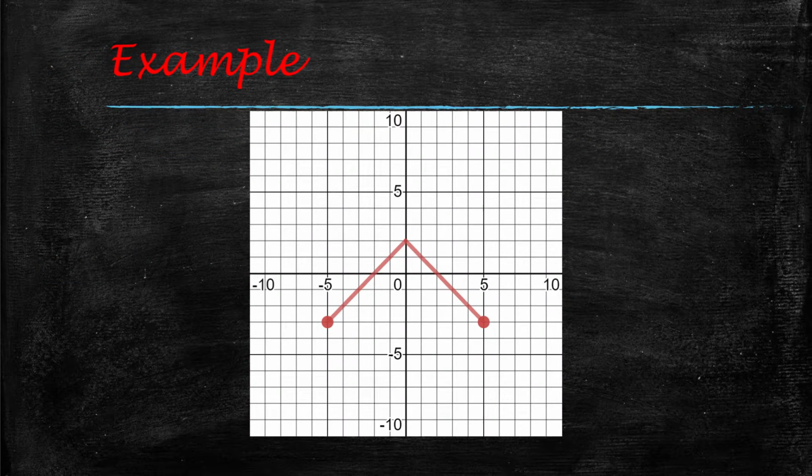So when we look at this example right here, the positive part of the graph would be above the x-axis, so it's this piece right here. So this would be the positive.